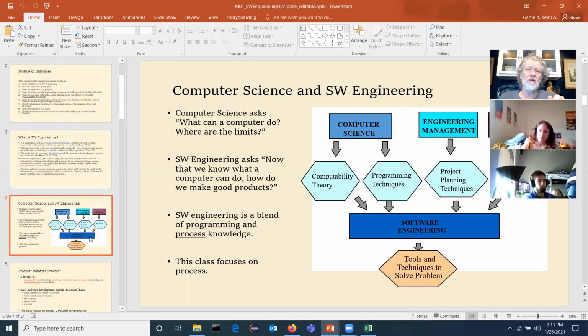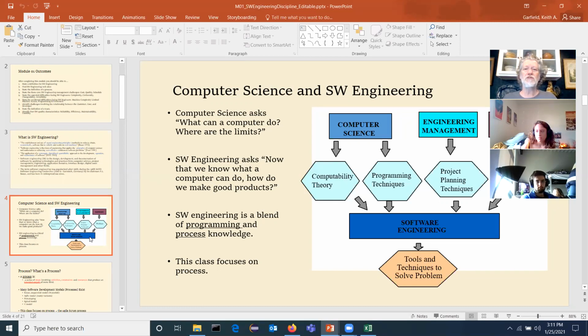How do you make a team work well together? What makes a team work well? What makes a team work poorly? Those kinds of questions. How do you manage projects? I've got 500 people working for me. How the heck am I going to manage that? So software engineering gets into this management engineering type stuff, right? Process. So it's a blend of those two things.